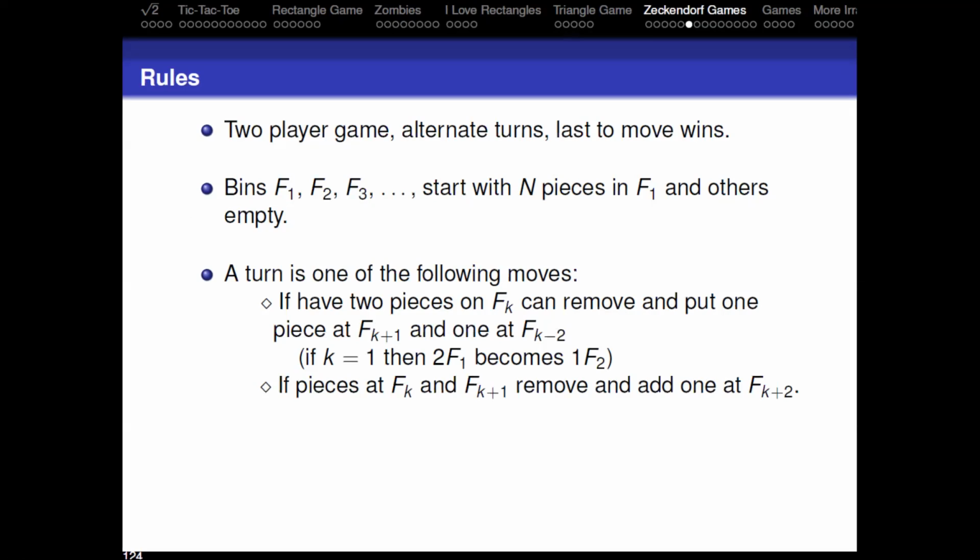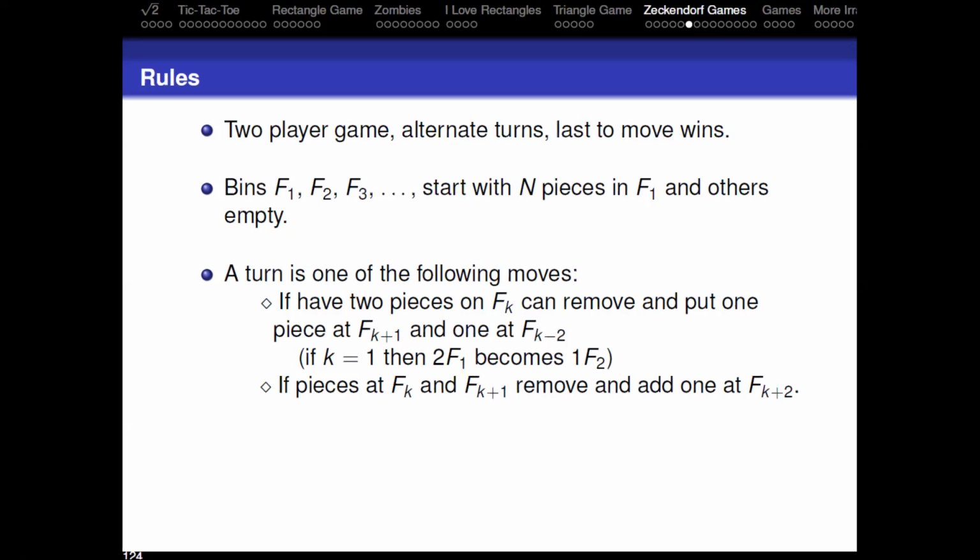We took 2 pieces on bin F5, the two 8s, and replaced them with something on bin 6 and something on bin 3. We have to be a little careful. If k equals 1, if we have 2 things on bin 1, we replace them with just a 2, really a 2 plus a 0, but we don't keep track of the zeros.